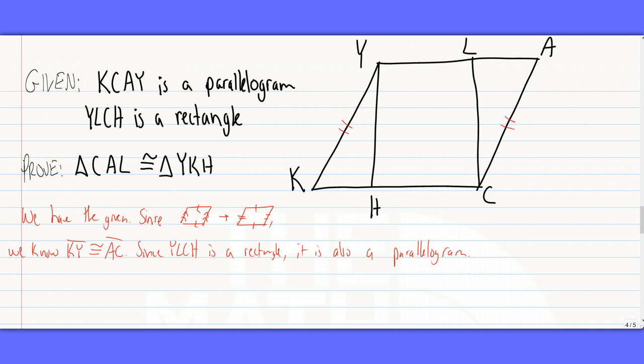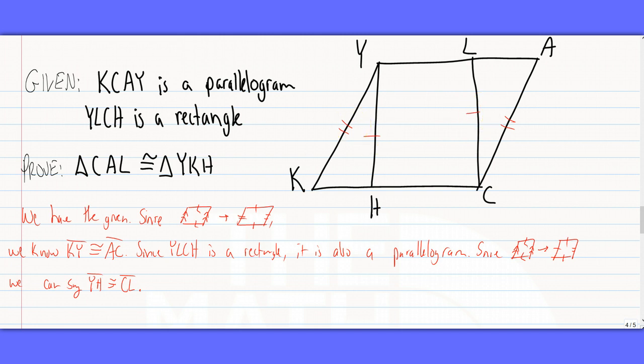Next, since it's a parallelogram, since parallelogram implies both pairs of opposite sides are congruent, we can say that segment YH is congruent to segment CL. So we have those two segments congruent to each other.